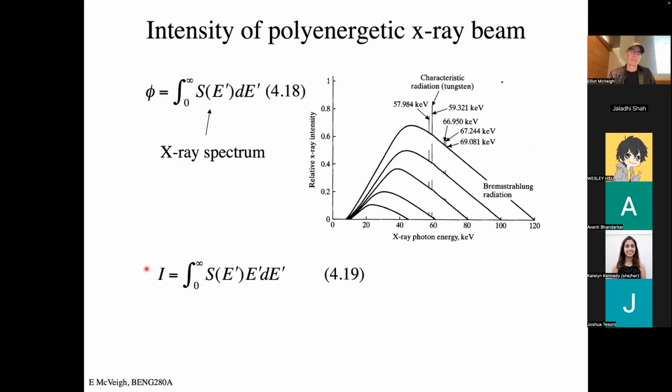Then I multiply that by energy and I get an intensity, right? How many X-rays at this energy are coming through is governed by the probability density function, this density function S(E). So I just integrate under that probability density function times the energy, and that gives me my intensity. Okay. It also gives you the mean value of this.